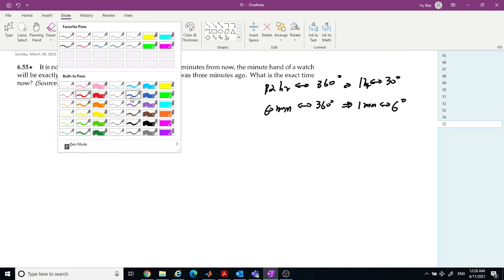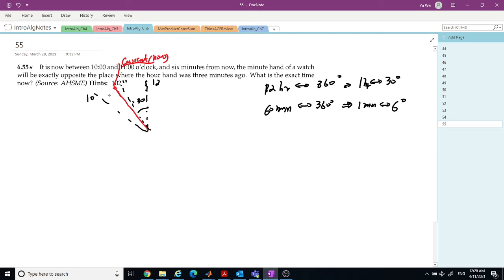Let's use the blue one to represent 3 minutes ago. They should be very close, but in order to let you see it, I just draw it apart. This is 3 minutes ago. If this is X, and this is Y, the hour, then this is Y minus 3 minutes.